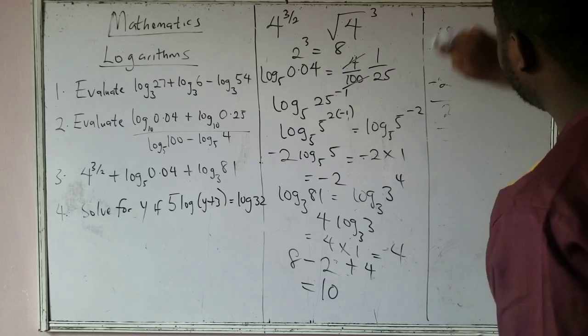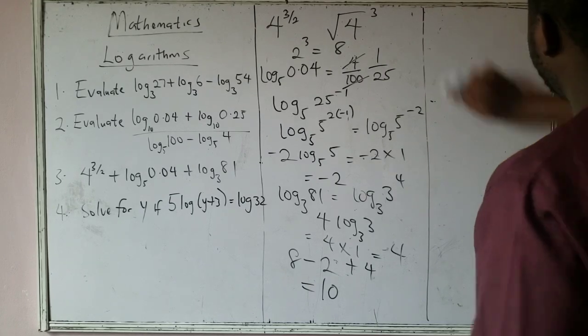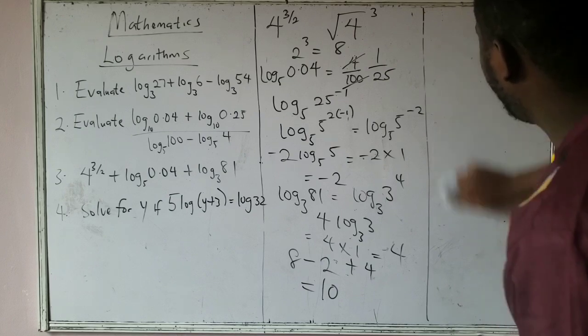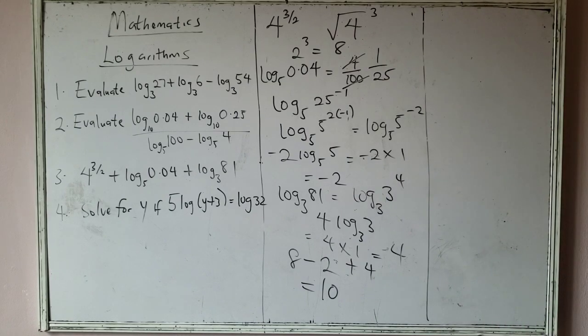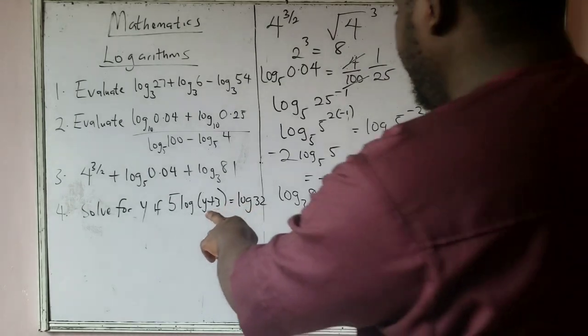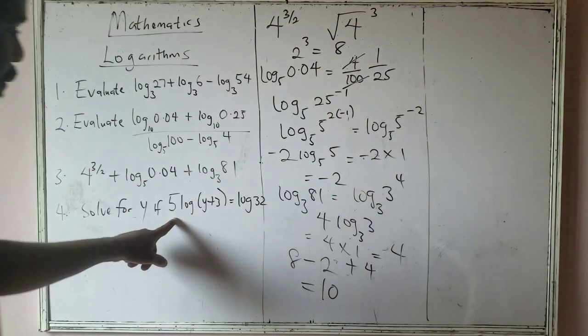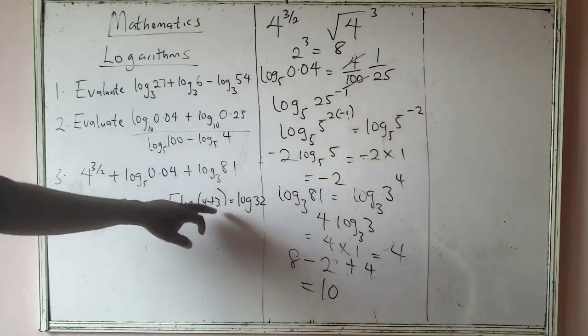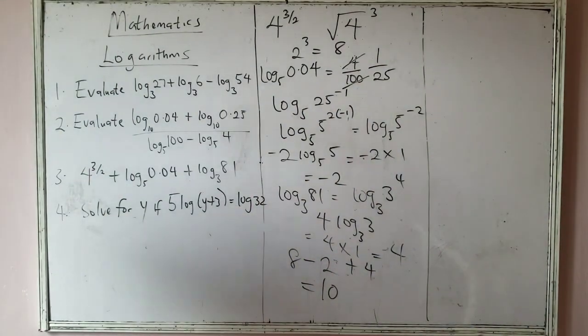Then the last one. Don't forget, this channel is meant for people that are preparing for WAEC, NECO. I know that WAEC GCE is already on the way. So we have 5 log into bracket y plus 3 is equal to log 32.